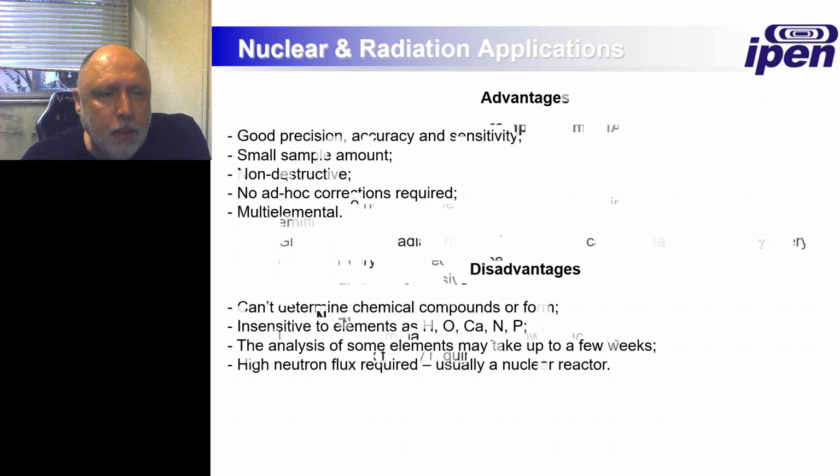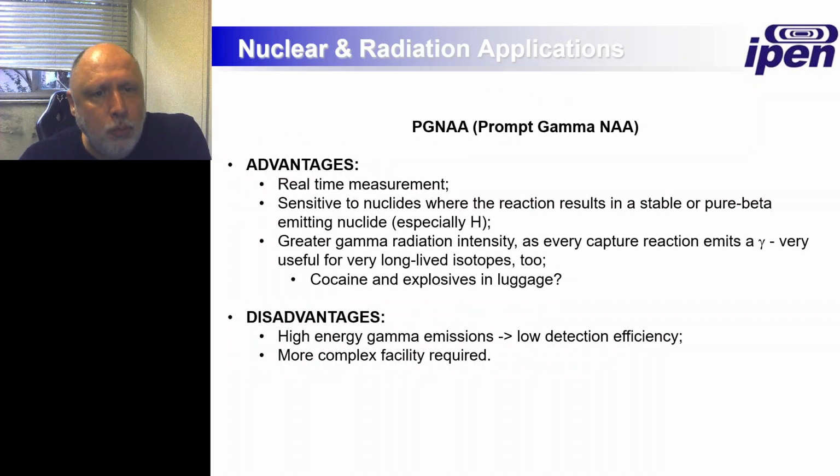Okay? Now, for prompt gamma neutron activation analysis, things are a bit different, because now we're talking real-time measurements. This is an advantage and a disadvantage at the same time. You put the sample there, and the results are in your face during the irradiation. You end the measurement, you end the irradiation, you already have your results, right?